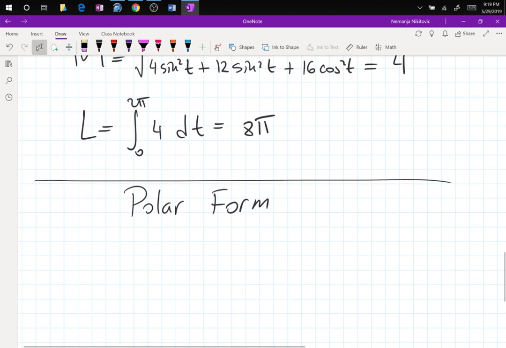So we have Calculus 2 using Cartesian coordinates.